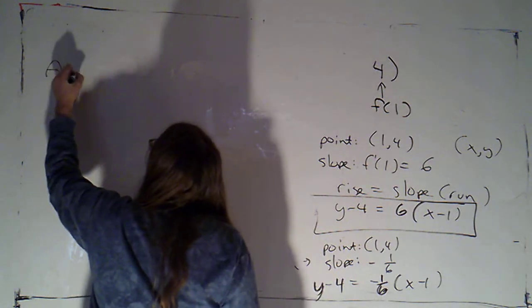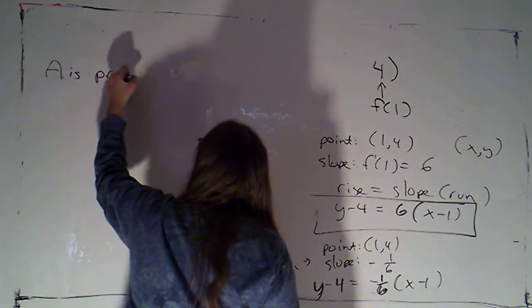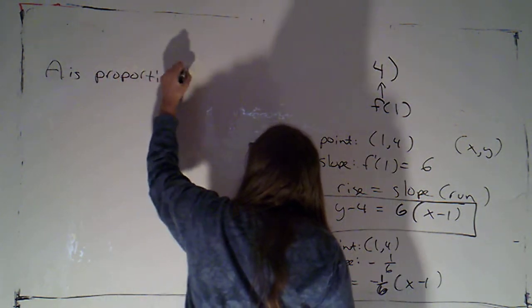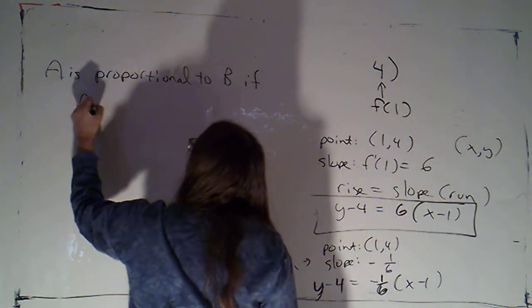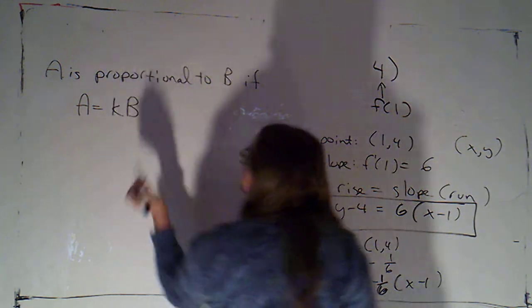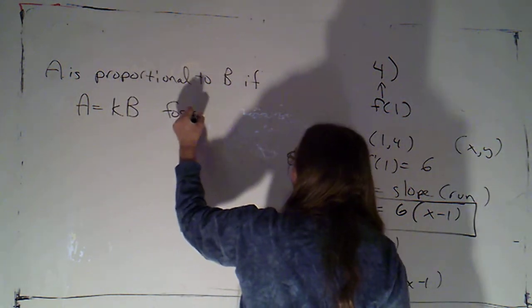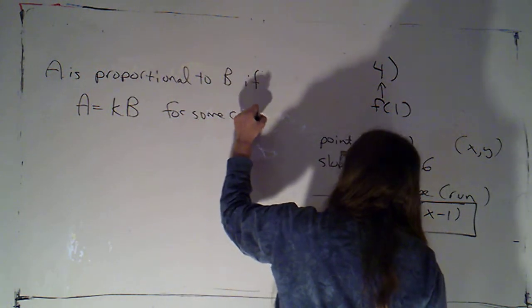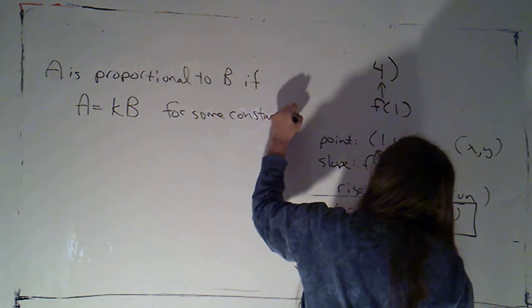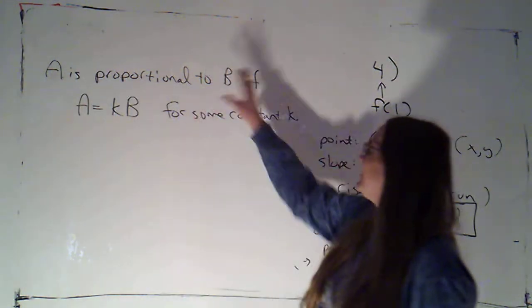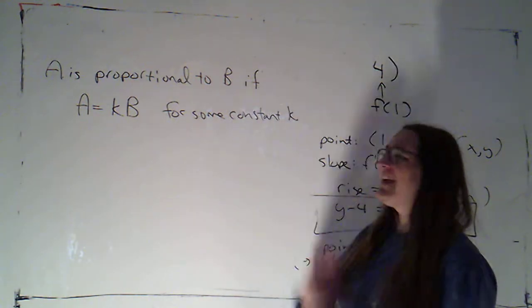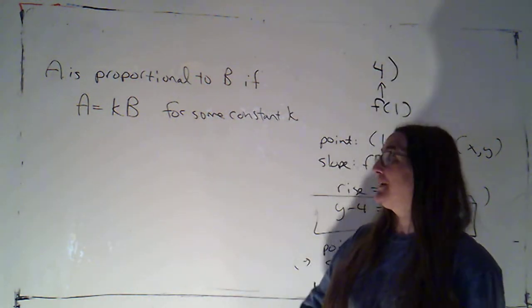So the rule is A is proportional to B if A equals K times B for some constant K. And what we saw is that if you let A be an exponential function and B be its derivative, they are in fact proportional. Pretty cool.